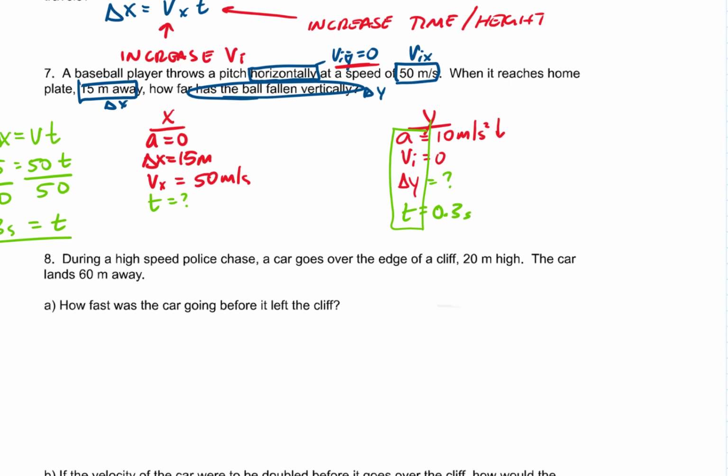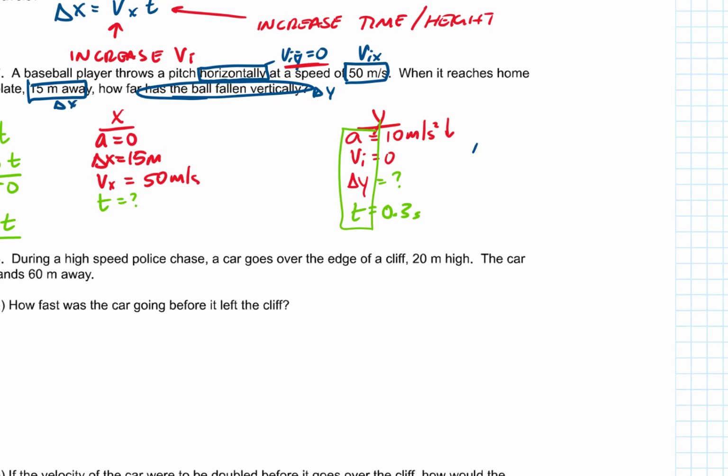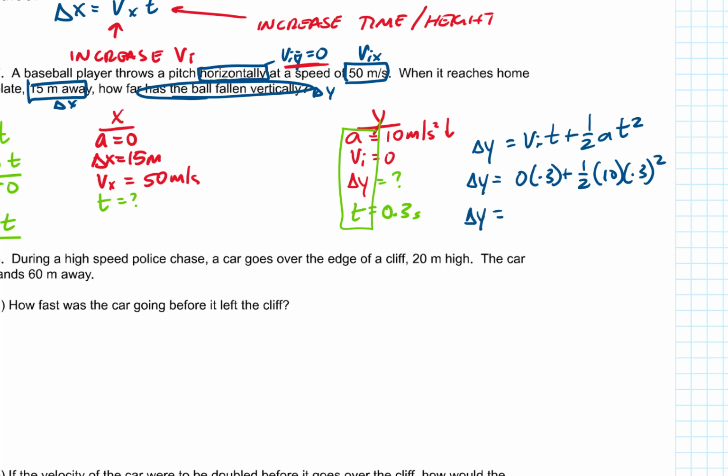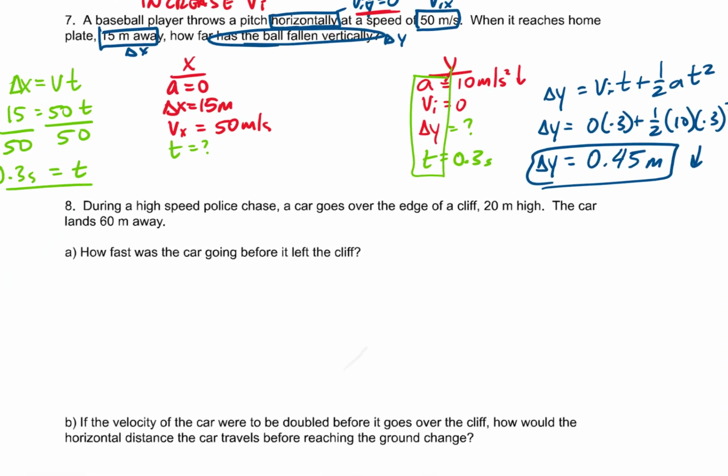The equation we're going to use is delta y equal to v initial times time plus 1/2 acceleration times time squared. So delta y is equal to 0 times 0.3 plus 1/2 times 10 times 0.3 squared. That comes out to be 0.45 meters. The ball drops 0.45 meters.